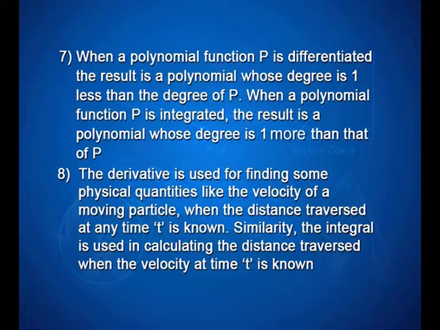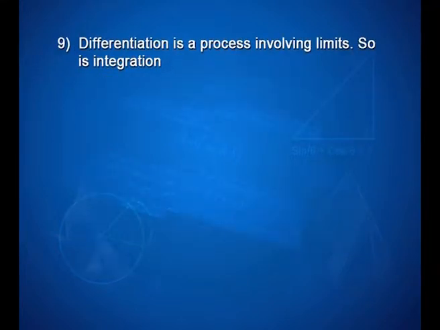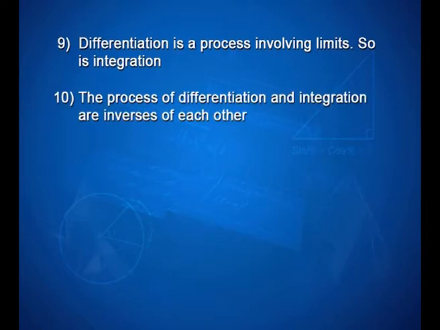Similarly, the integral is used in calculating the distance traversed when the velocity at time t is known. Ninth, differentiation is a process involving limits, so is integration. 10th point, the processes of differentiation and integration are inverse of each other.